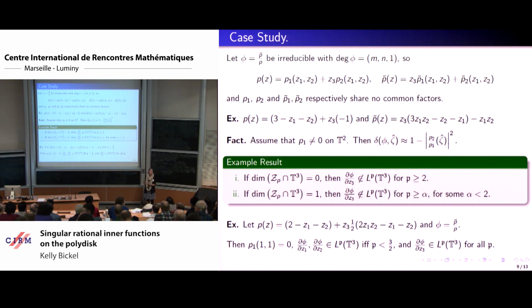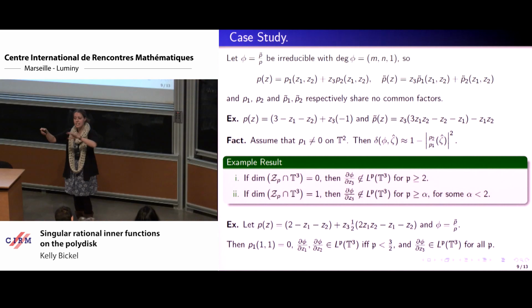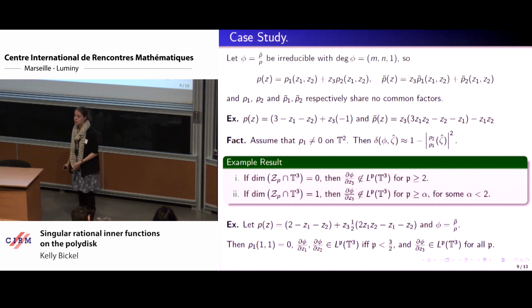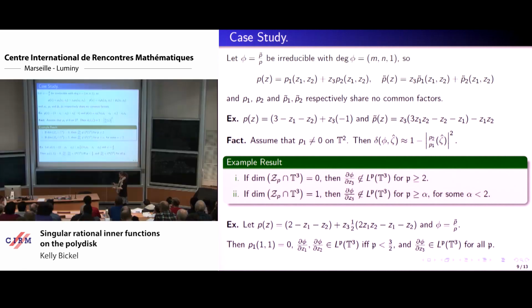It's not immediate that, in this case, z3 isn't going to see the singularity. It comes from the condition that p1 is 0. And so if we have much more complicated rational inner functions, it's hard to see exactly what all the conditions are that we need to impose so that we know whether certain variables see the singularity and certain ones don't. So that's one barrier.